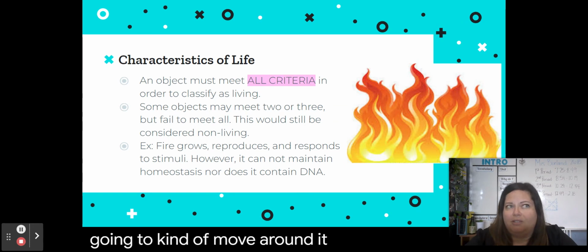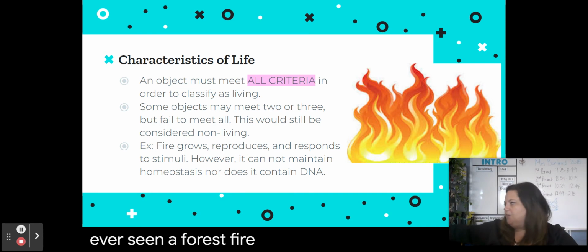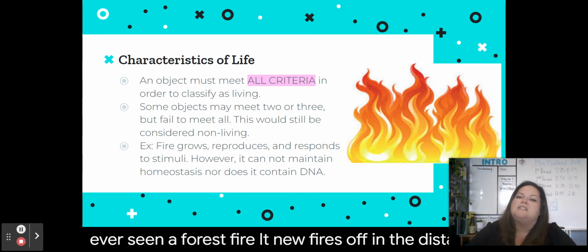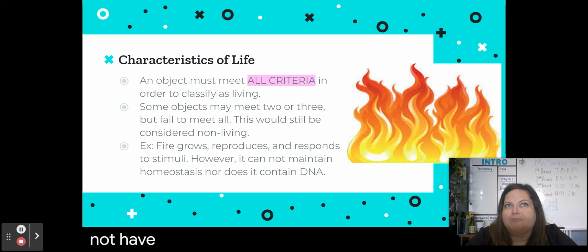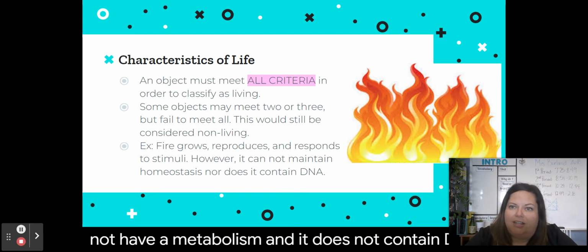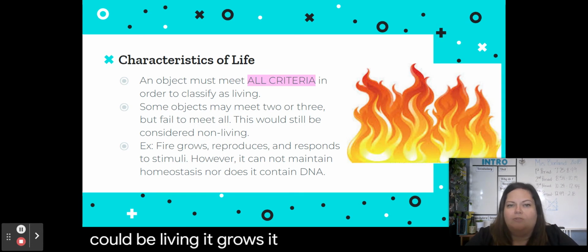It reproduces. If you've ever seen a forest fire, little sparks can blow off and create new fires off in the distance. However, it does not maintain homeostasis. It does not have a metabolism, and it does not contain DNA. So there are a lot of things that sound like it could be living. It grows, it reproduces, it responds to stimuli, but it doesn't meet everything.